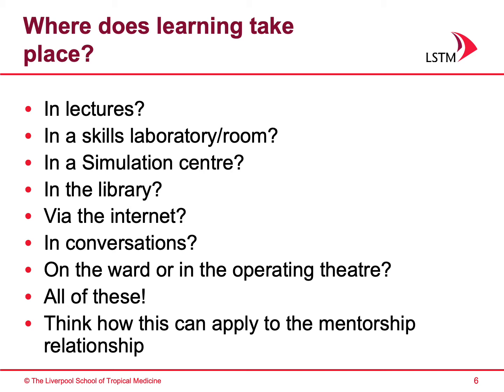We could learn in a library or on a computer via the internet. We can learn in conversations with each other and our work colleagues. We could learn on the ward, perhaps on ward rounds, or in the operating theatre, or in the outpatient clinic. All of these are appropriate and relevant places to learn.